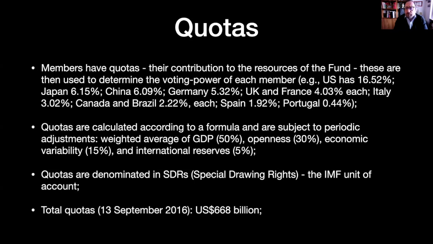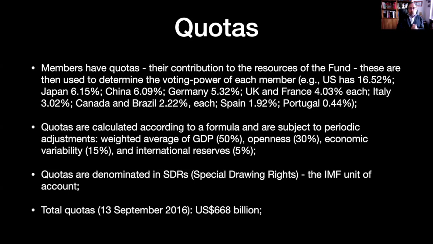Is it an economy open to international trade? That is to say, what is the share of imports and exports in terms of gross national product? And the economic variability and international reserves. So all these factors are taken into account in determining the quotas.